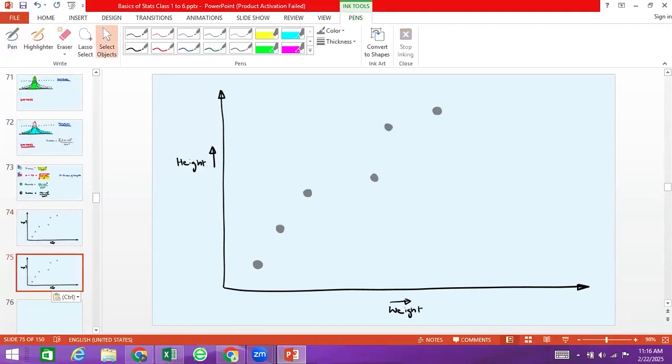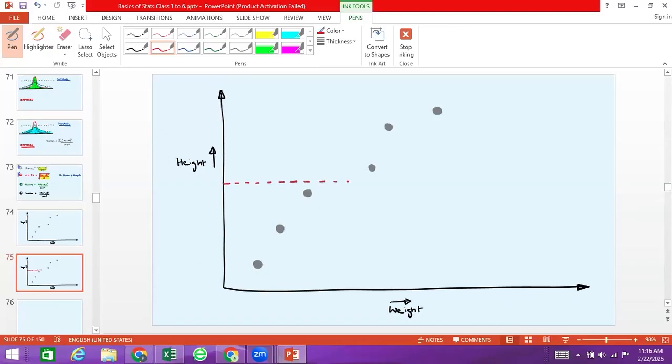Now, the first thing that we need to do is to calculate the average height and average weight. Let's say I calculated the average height, and it came out to be somewhere here.